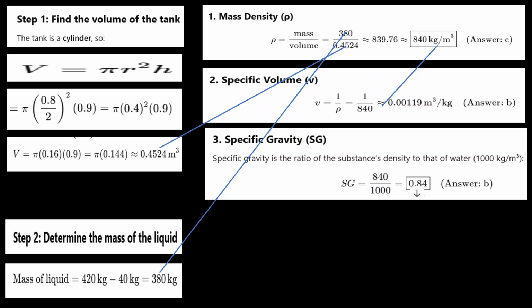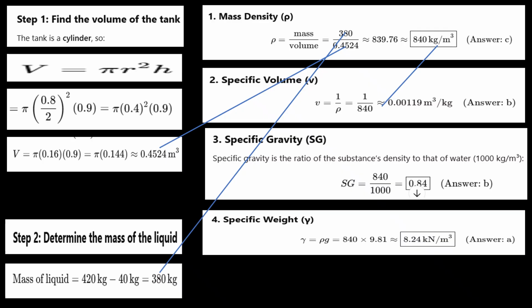We can then now calculate the specific weight since we already have the mass density value. Our specific weight value is equal to 8.24 kilonewton per cubic meter. And that's the product of 840 times 9.81. Definitely, our answer is letter A.